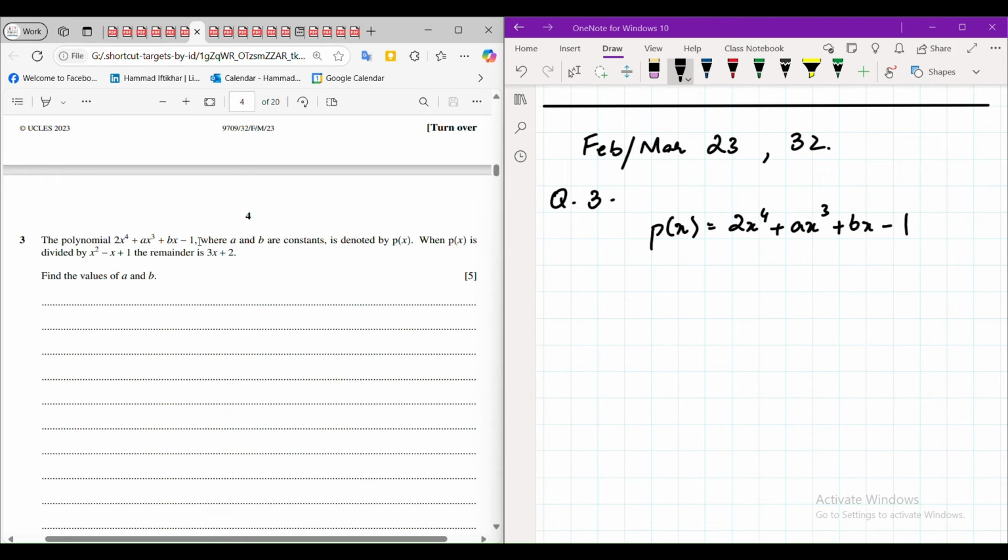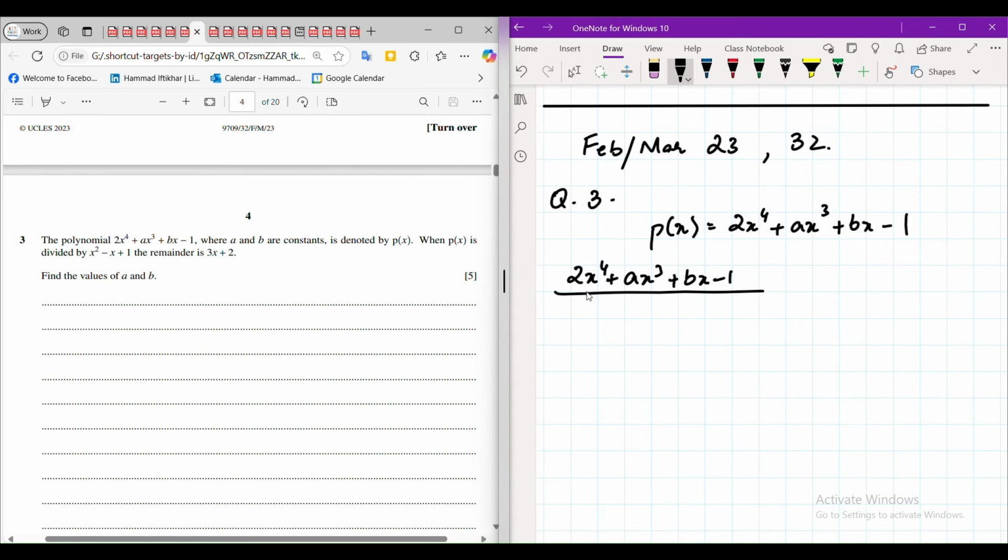Obviously, we are actually using that, but all it's saying is that when this polynomial 2x^4 + ax^3 + bx - 1 is divided by x^2 - x + 1, we are getting some quotient, and the remainder is 3x + 2 over x^2 - x + 1.